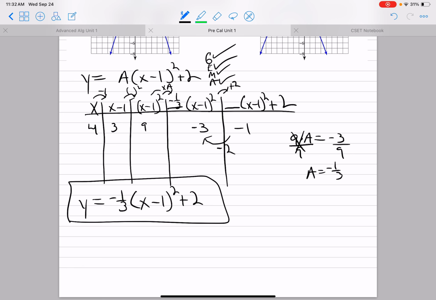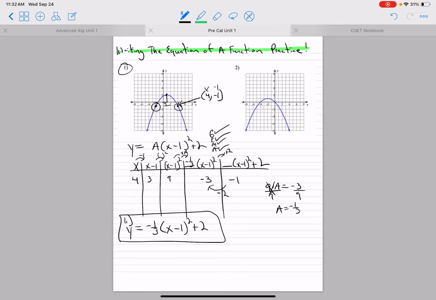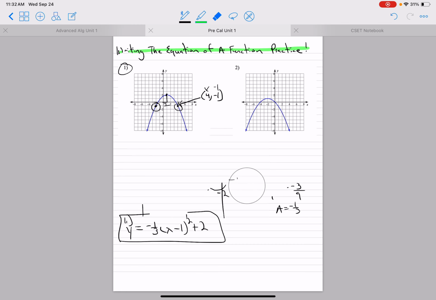There is that entire problem for number 1. That's your equation. All right. I'm going to erase this for number 1. You're not going to erase it because you're in a notebook, but I am because I'm on this screen right here.